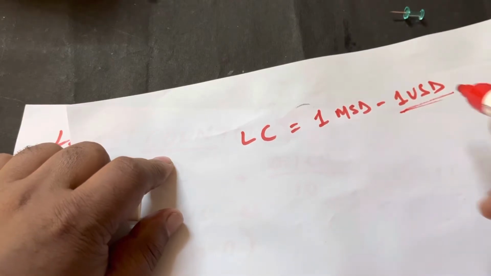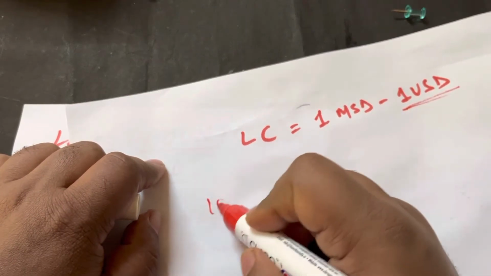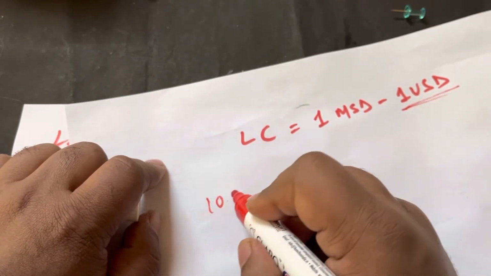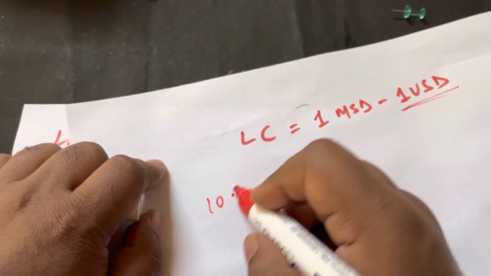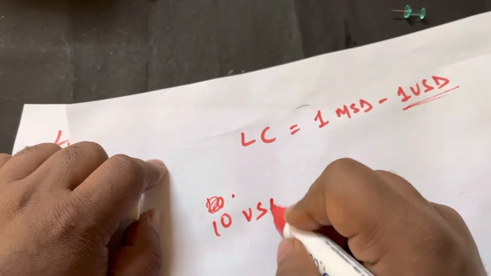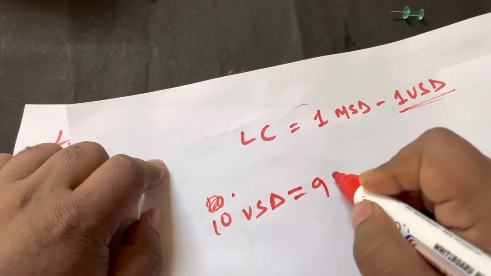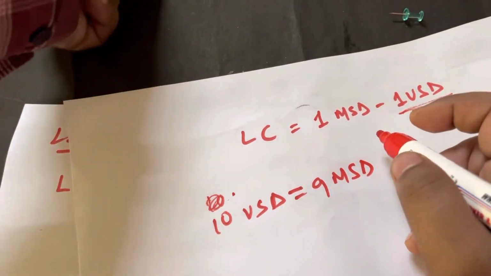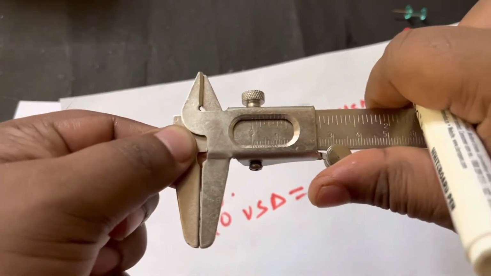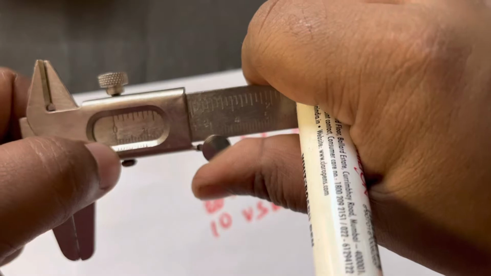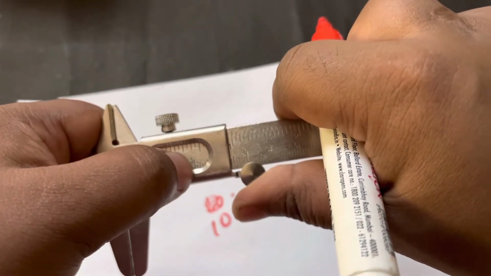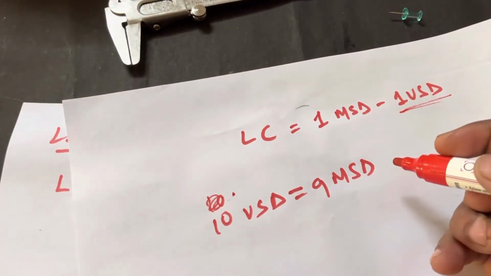Now 1 VSD here: 10 Vernier scale divisions are equal to 9 main scale divisions. You can see this properly: if you combine these two zeros, the last one exactly coincides with the 9th division of the main scale.